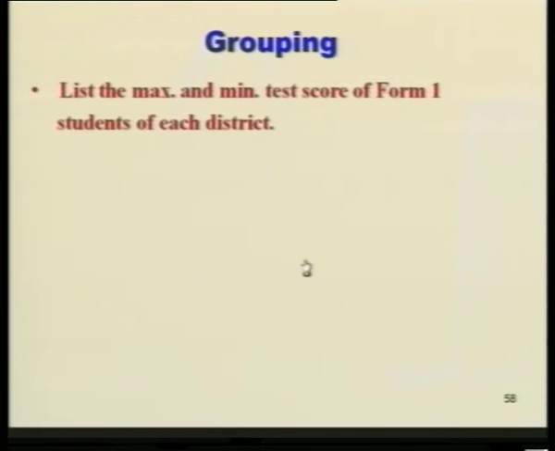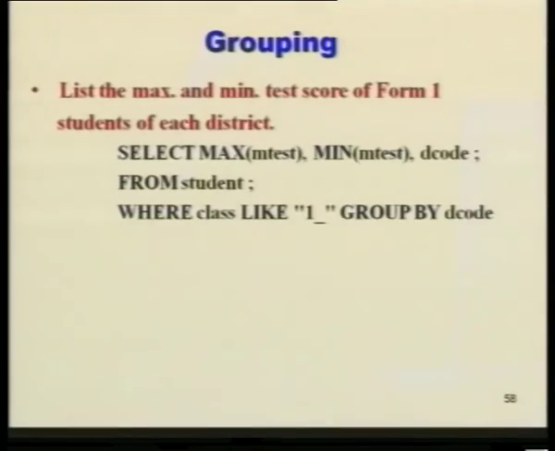Another example, list the maximum and minimum test score of form 1 students of each district. Now, here we are putting a little more complicated or interesting one. Select maximum M test, minimum M test. We are using two aggregate functions, decode, and we are giving the decode from student, where class like 1 dash.